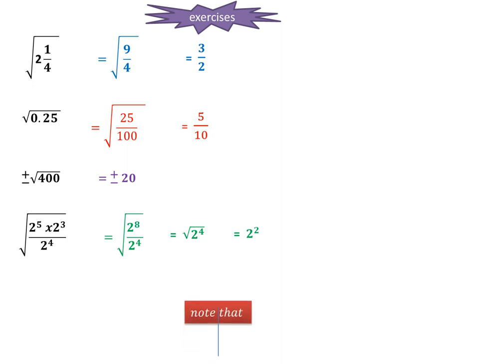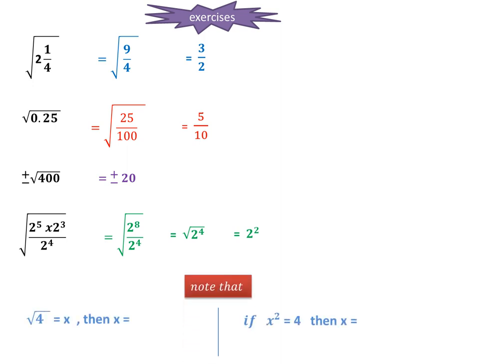Note that if we have root 4 equals x, then x equals what? What times what equals 4? Equals 2. But if we have x squared equals 4, then x equals what? In this case, search what times what equals 4.